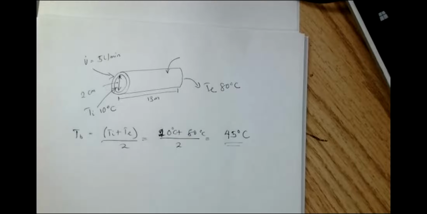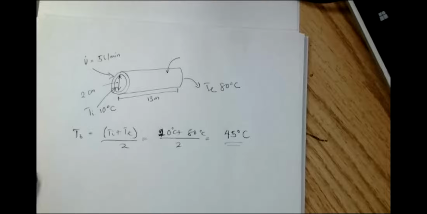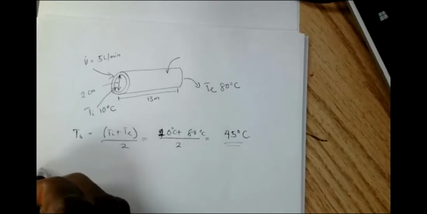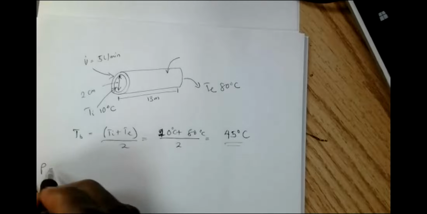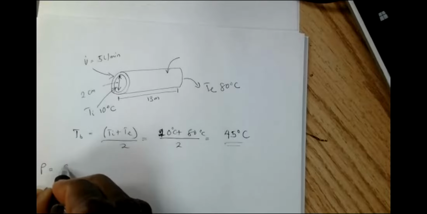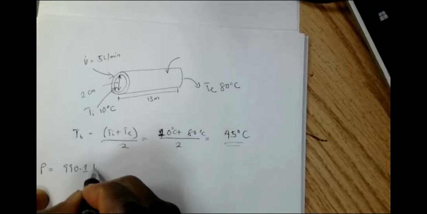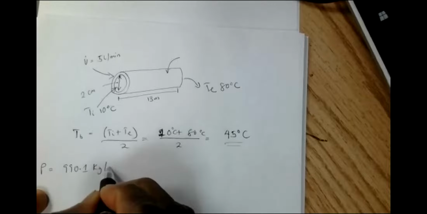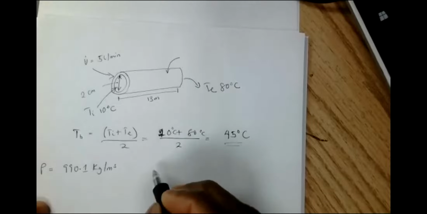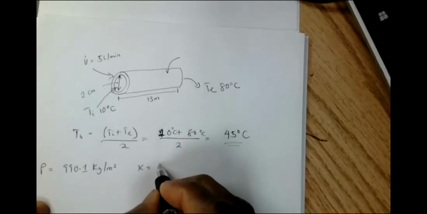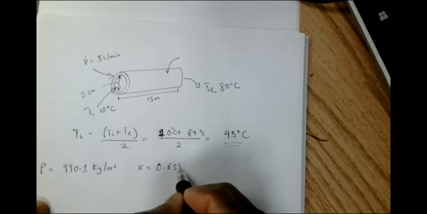So if you go to table A9, you can pull out the values that we need. Okay. So I'm just going to write down those values. I already have them with me. Density, kilograms per meter cube. Thermal conductivity is 0.637.